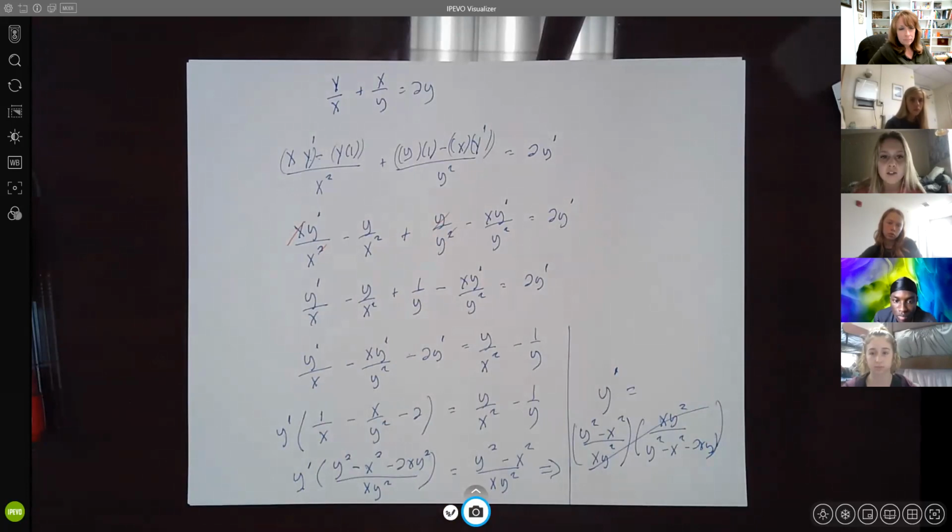So why is the answer on Achieve multiplied, the whole numerator by y and then the whole denominator by x, afterwards? Why do they do that? Well, what they did is they factored it out. Well, it's the same thing.